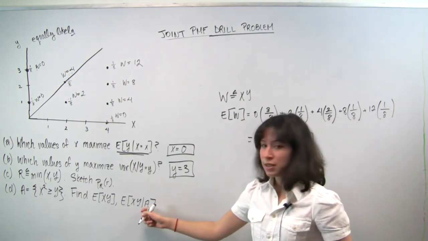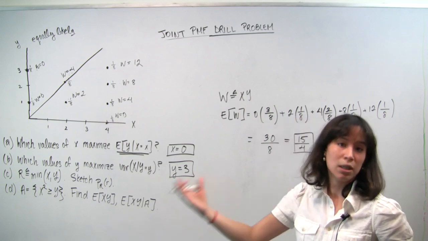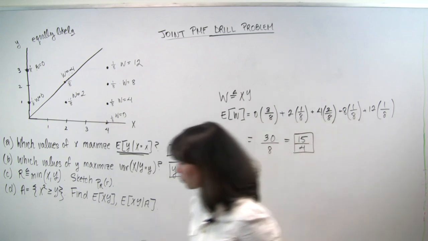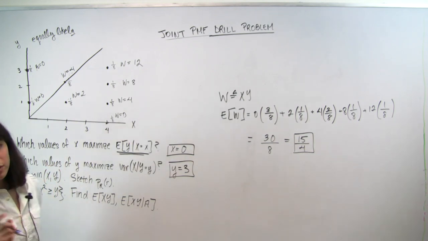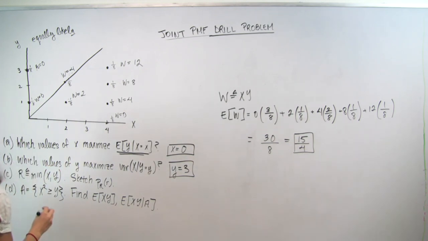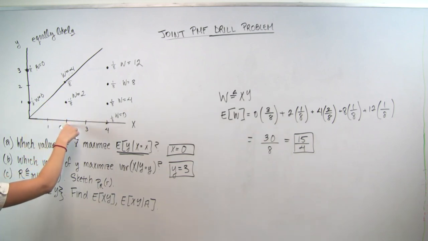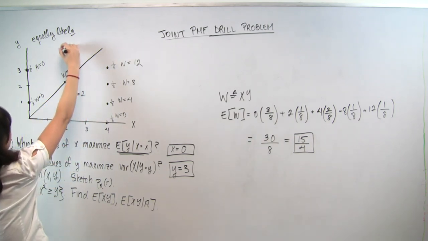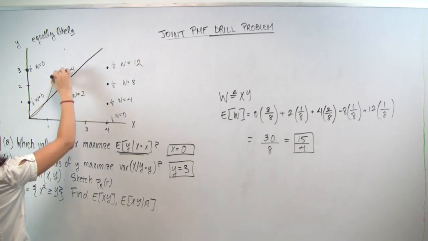And now we have to do the slightly trickier one, which is the conditional expectation of x times y, or w, conditioned on A. Similar to what I did in part C, I'm going to draw the line y equals x squared. So y equals x squared is 0 here, 1 here, and at 2 it should take on a value of 4. The curve should look something like this.